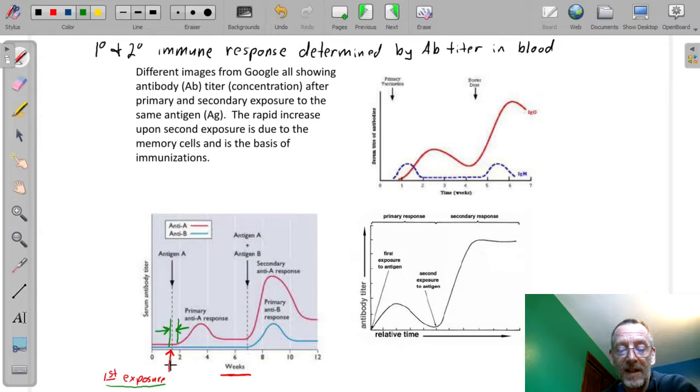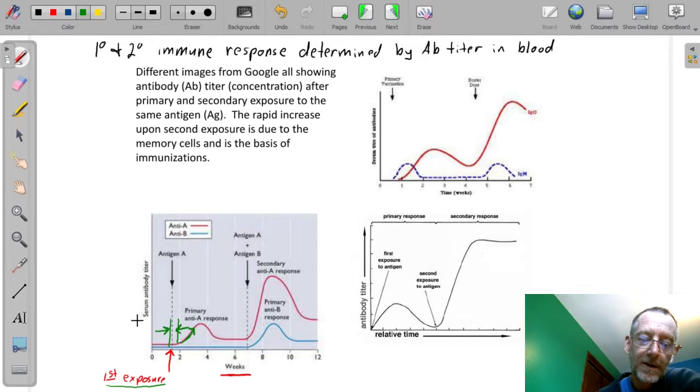It's the first day that the antigen went into your body, and it wandered around, and it took some time for it to find the one B cell that could bind to it, to become activated, and to start to produce antibodies. So there's this little latent period, this lag period. And then you start to see the antibody titer going up.